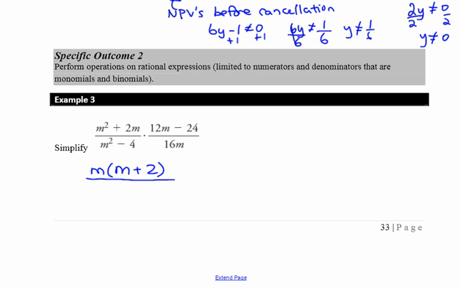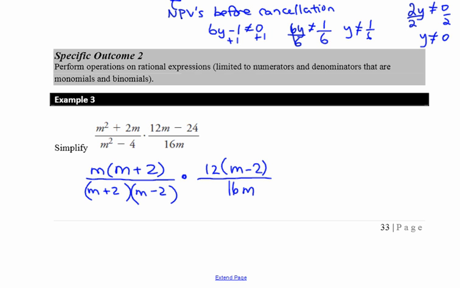Difference of squares. So what does this become when factored? M plus 2, M minus 2. We notice it's a difference of squares because of two terms, both perfect squares and separated by a minus. Times, okay, 12. Factor 12 out and we get M minus 2 over 16M.